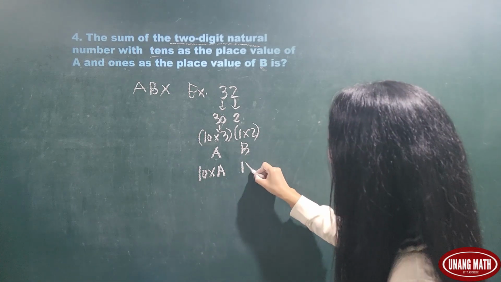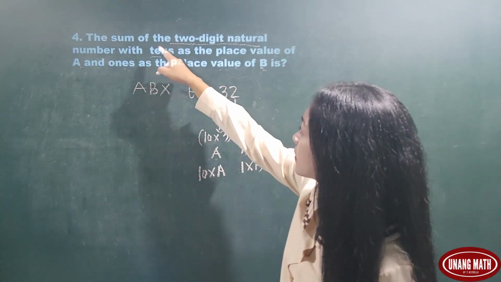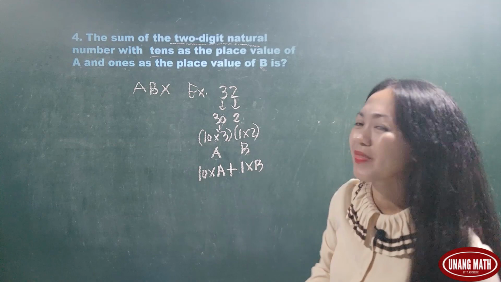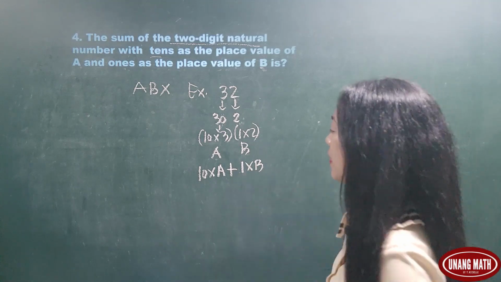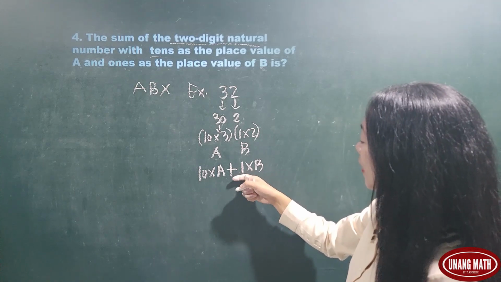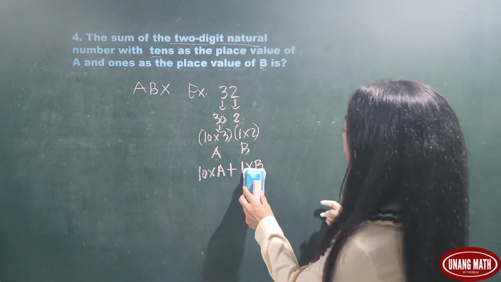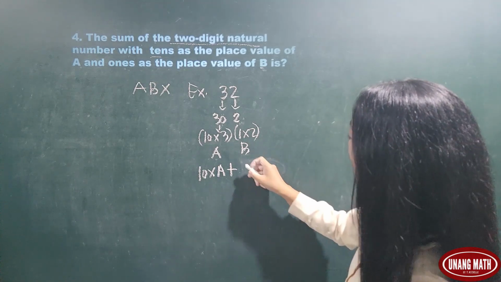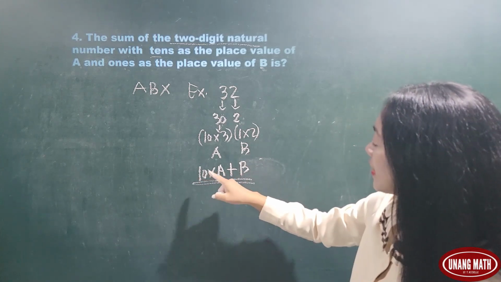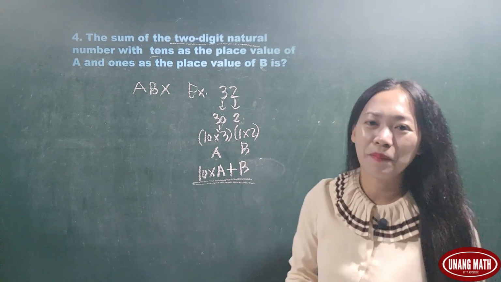It's 1 times B. The operation here is addition, the sum of the two-digit natural number. 1 times B is just the same as B, because any number multiplied by 1 is the number itself. So we can simplify this and just write B here. The simplified expression is 10 times A plus B.